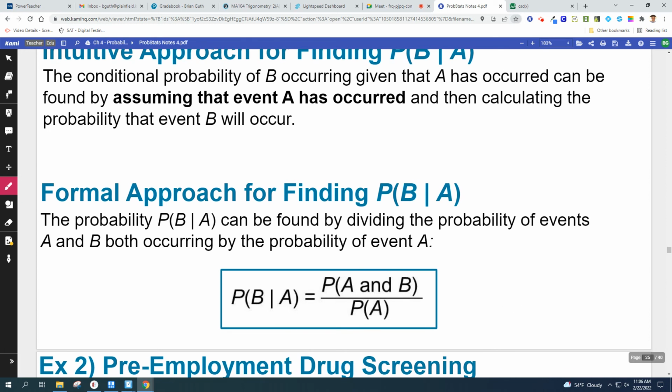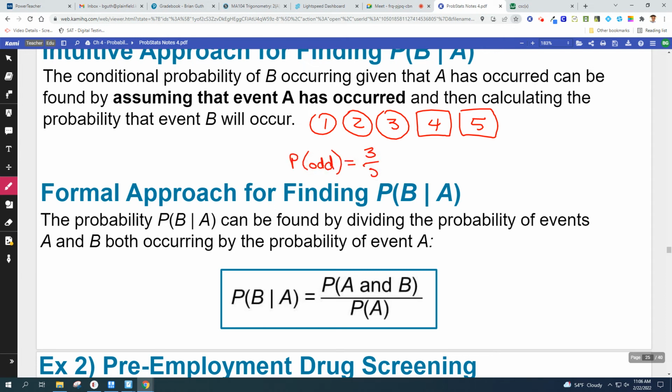I know that's kind of difficult, so think about the example I gave you before. If I said, let's calculate it, I'm going to pick one number, the probability of picking an odd number is 3 out of 5. And that should make sense. That's a simple part over total.